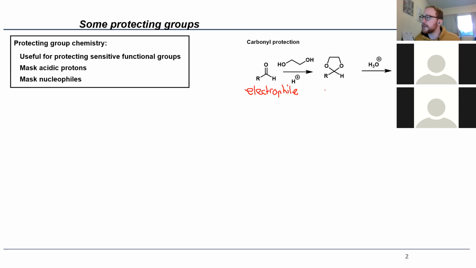This makes a cyclic acetal, which is no longer electrophilic. And we know that acetals can be cleaved under aqueous hydrolysis conditions. So in this case, it's acid. In this way, we can protect our electrophilic aldehyde in case we wanted to add a Grignard or something to another part of a molecule, and then reveal it later on.